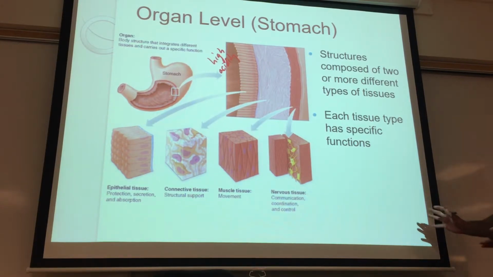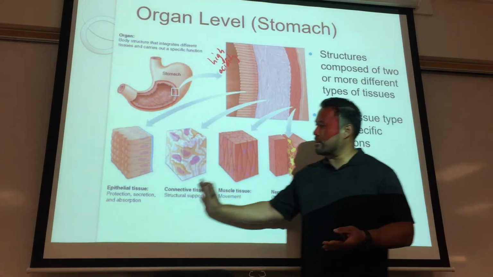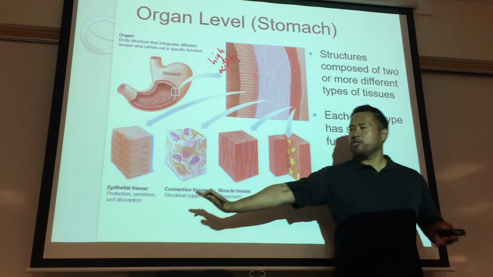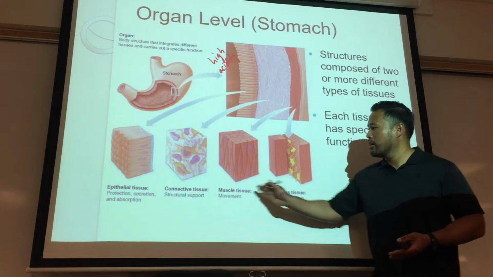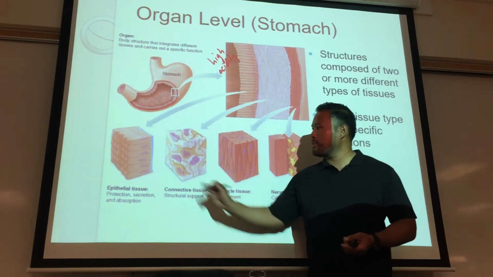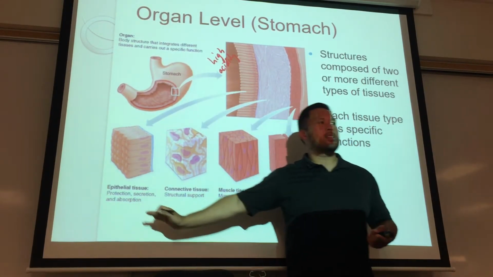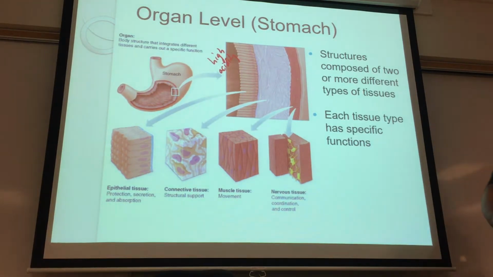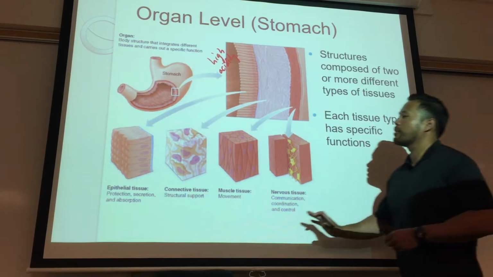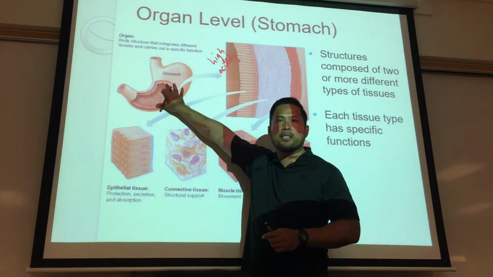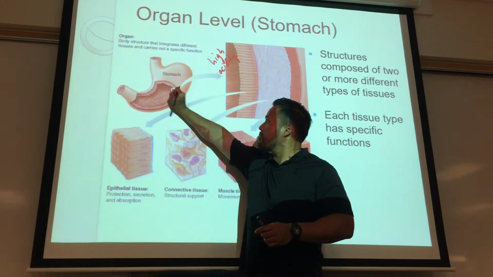So now that we have all these together, now we have these 4 different layers. You'll see that each of these, even though the nerve has some function to communicate, muscle to contract, connective tissue to hold together, and epithelial to protect, all these tissues come together as an organ to contribute to one major function, of which the stomach, we'll learn, is for the production of stomach acids and mechanical digestion.